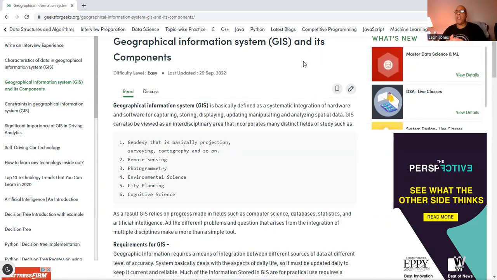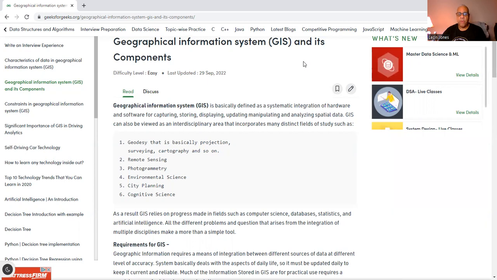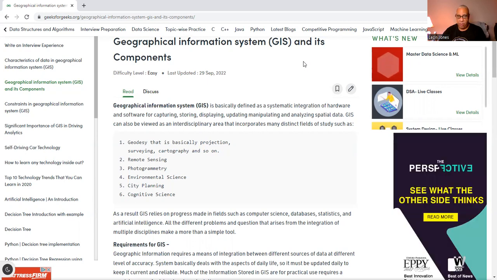GIS, short for Geographical Information Systems, can also be viewed as an interdisciplinary area that incorporates many distinct fields of study.